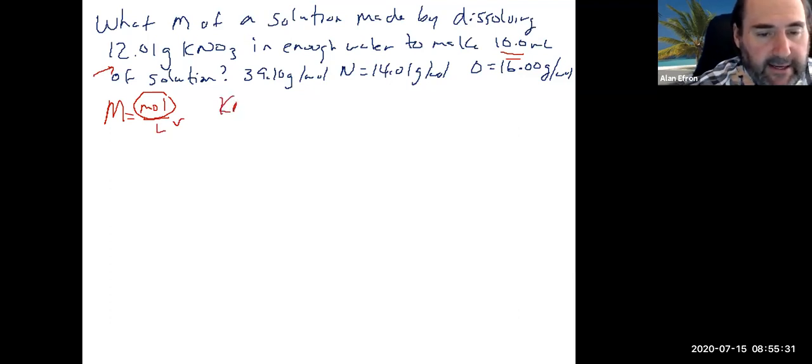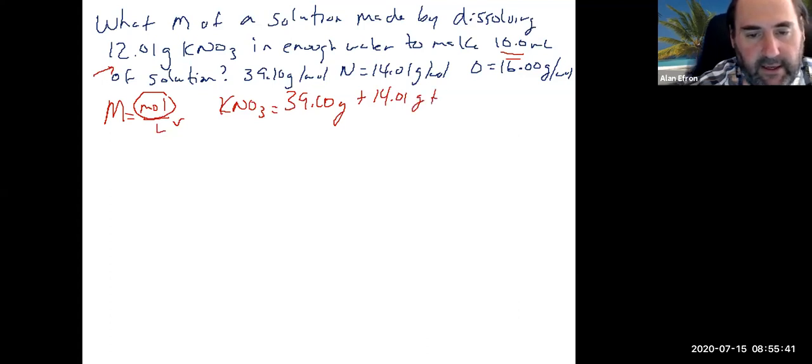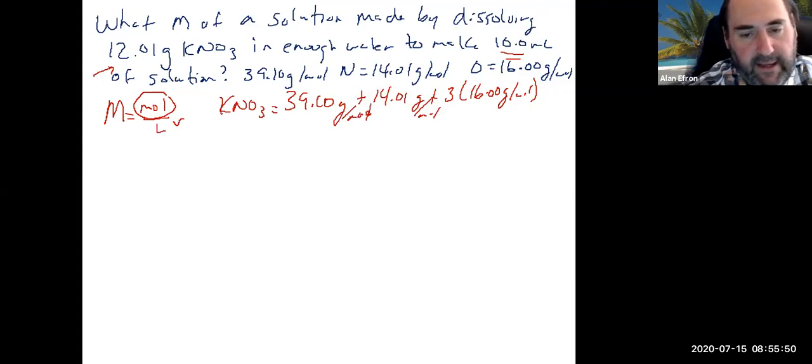So our KNO3 would be 39.10 plus 14.01 plus our 3 times 16 from the periodic table. And it looks like if you do that for the molar mass of KNO3, you will end up with 101.1, looks like.